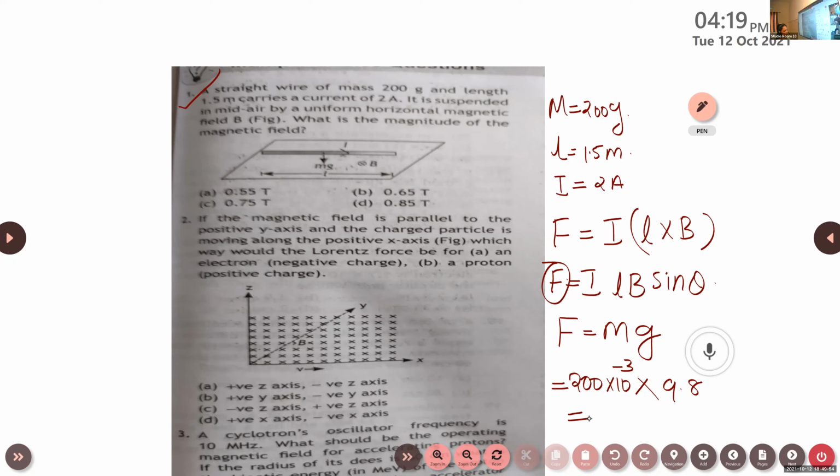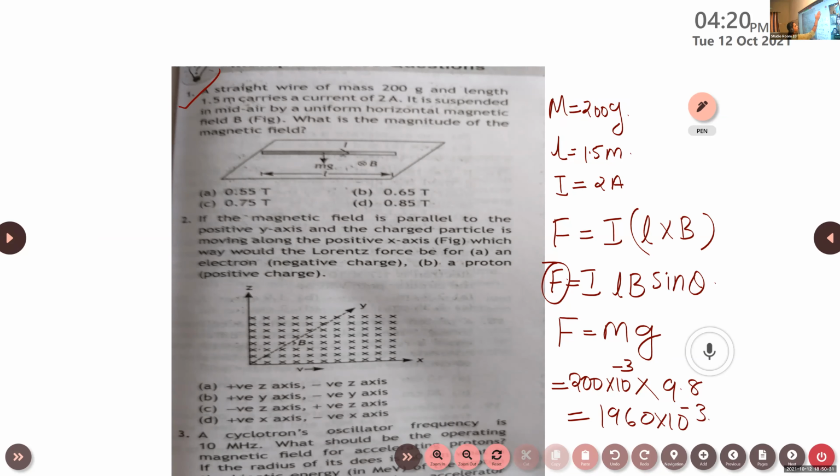What will be the answer? What about the force F? I think it is 1960 into 10 raised to minus 3, right?